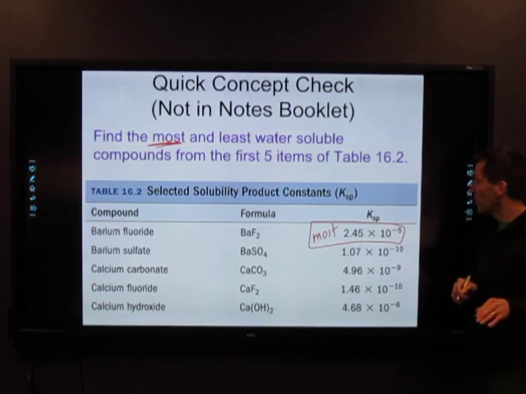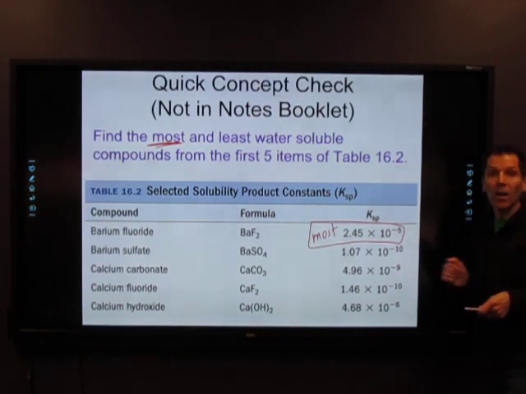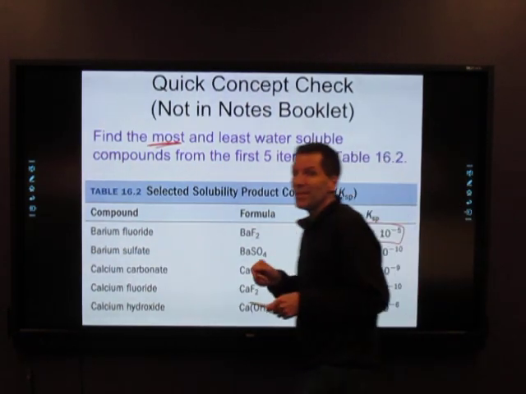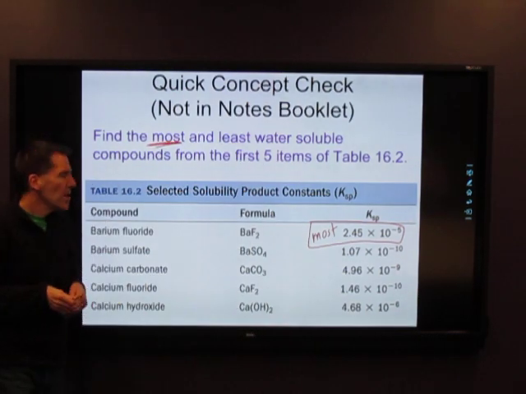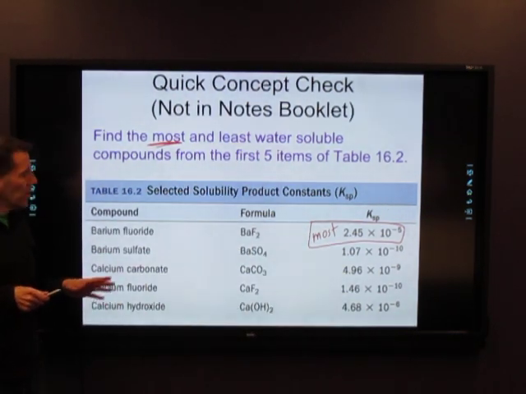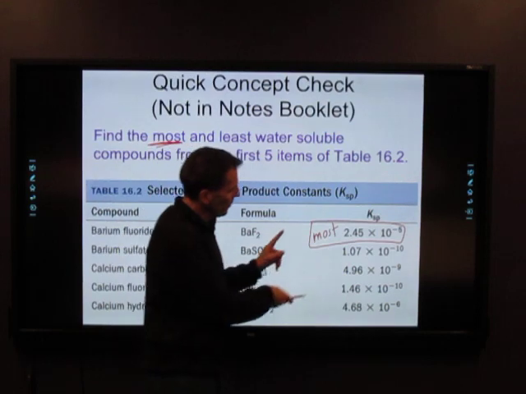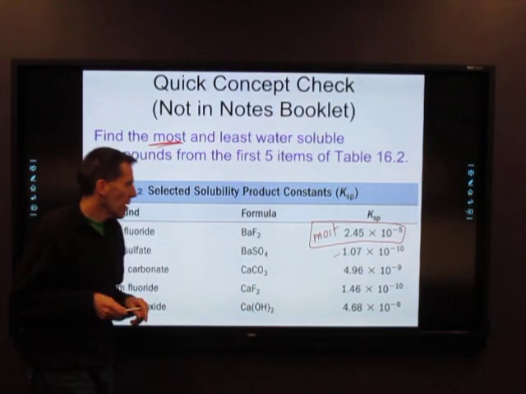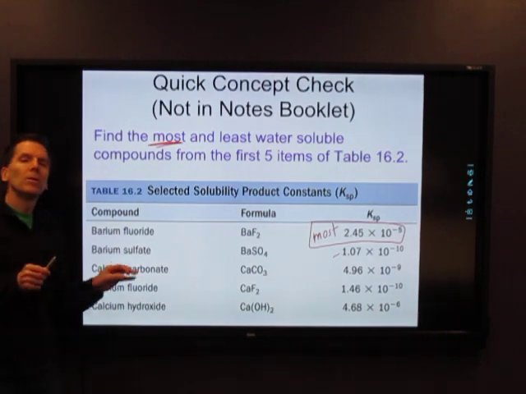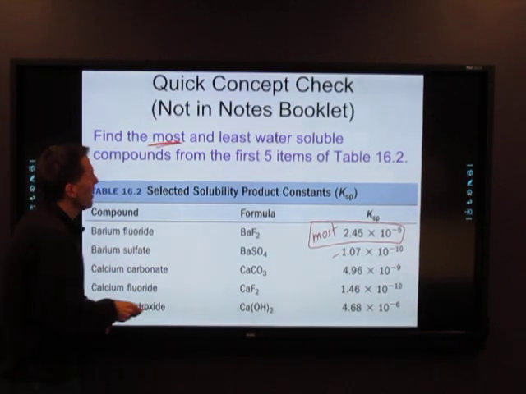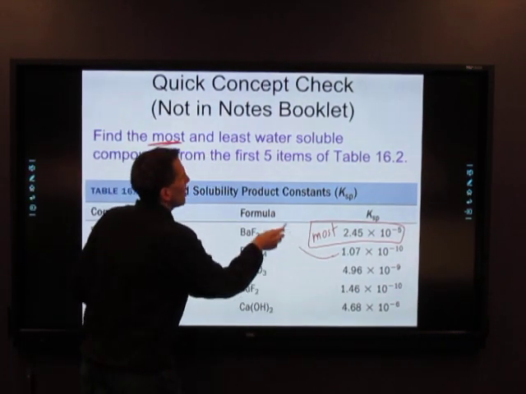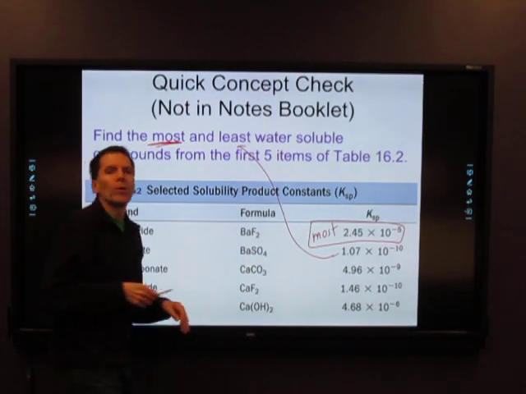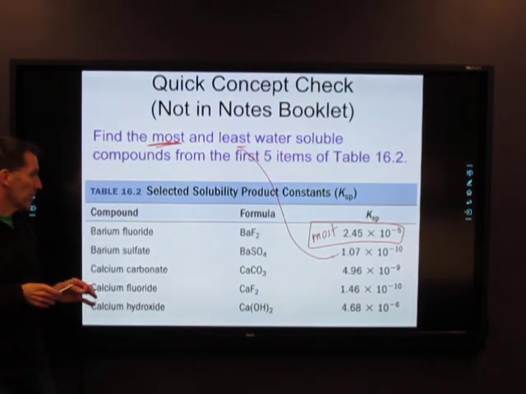That's the biggest number on the list. The least soluble, and you have to watch your values here. We have 2 compounds with negative 10 exponents, and this is the smaller number. And so the barium sulfate has the lowest water solubility from the list.